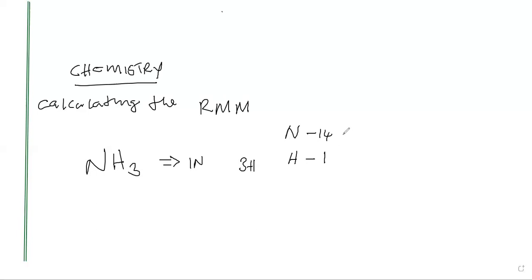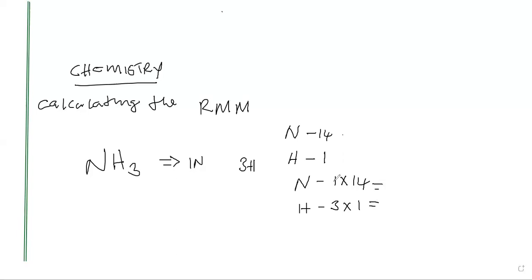So in hydrogen, we're going to say 1 multiplied by the mass number there. Then hydrogen, where there are 3 hydrogens, multiplying by the mass number, which is just 1.